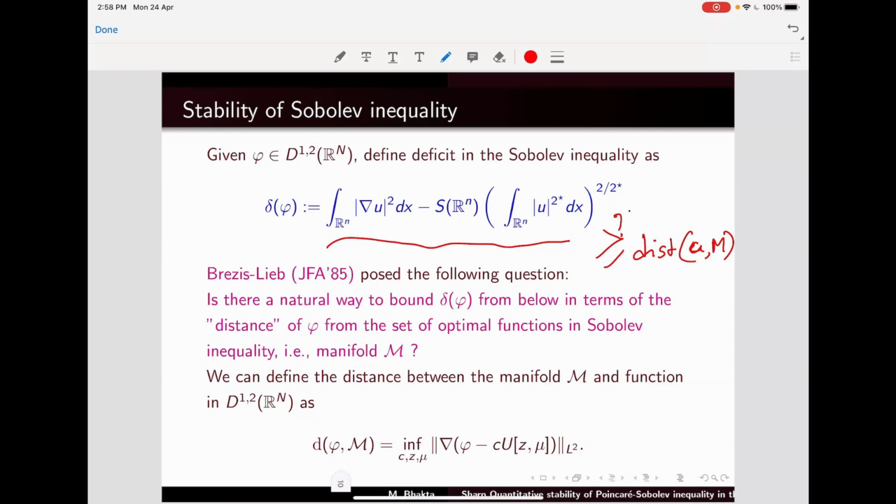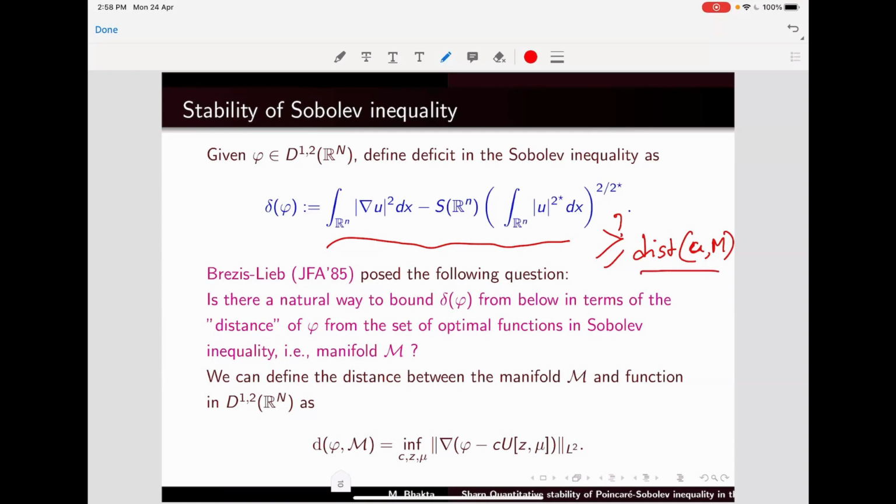So the question is whether we can bound it from below by the distance from U to M. Or in other words, if U almost optimizes the Sobolev inequality, is U close to the set of extremals? That's another way you can ask this question.